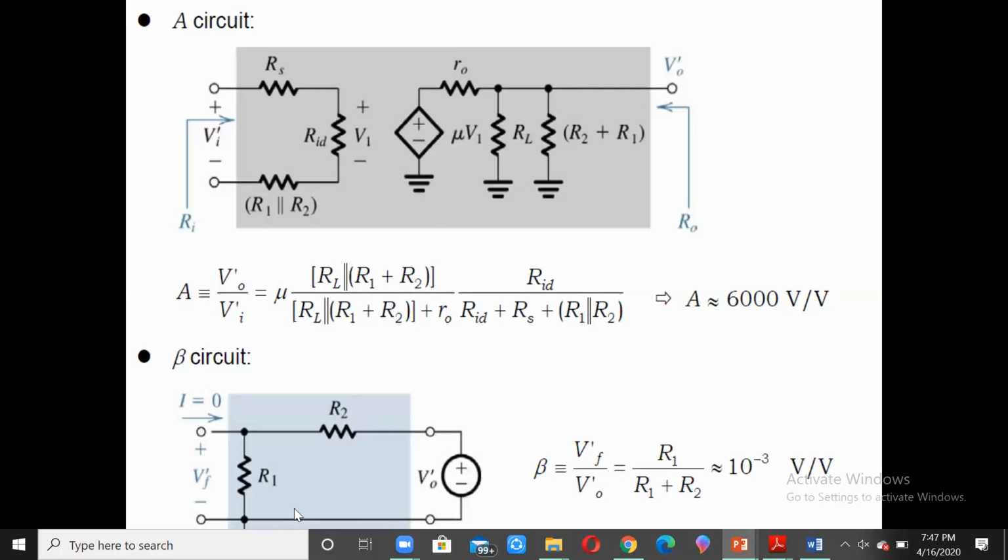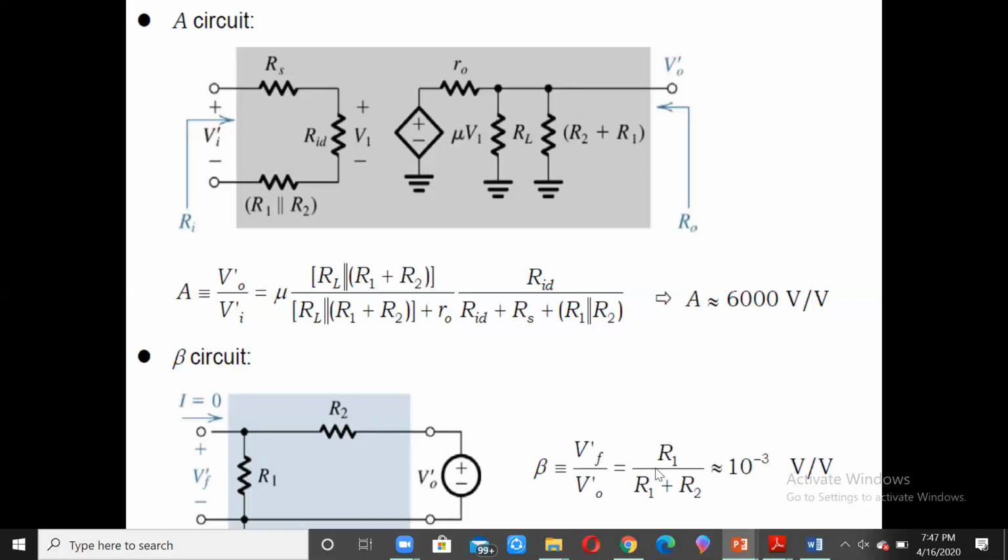Then coming to the feedback arrangement over here, the VF value is the voltage across R1, whereas the V0 dash is the voltage across R2 plus R1. So beta, which is equal to VF dash by V0 dash, will be equal to R1 divided by R1 plus R2.